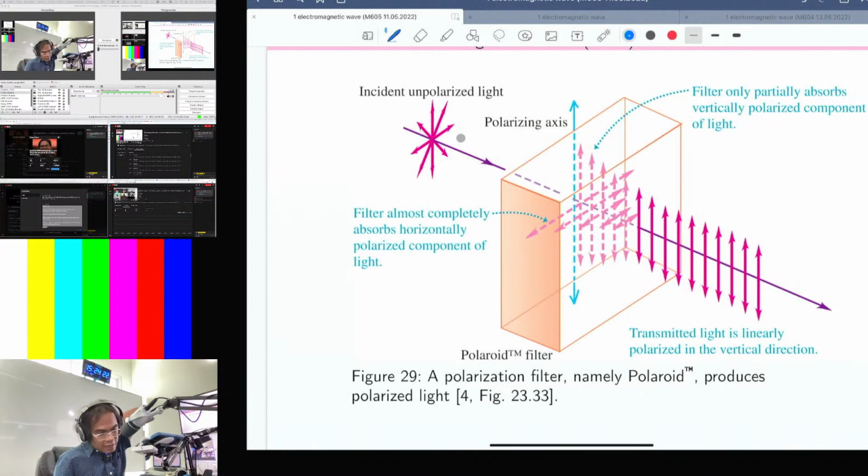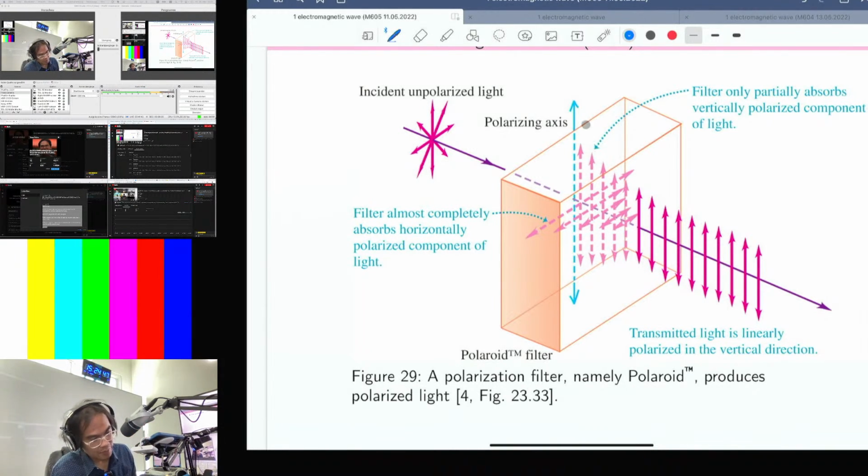The unpolarized light will propagate through the polarizing filter, or Polaroid, and here the blue one is the polarizing axis, the axis that is the signature, the property of this filter.